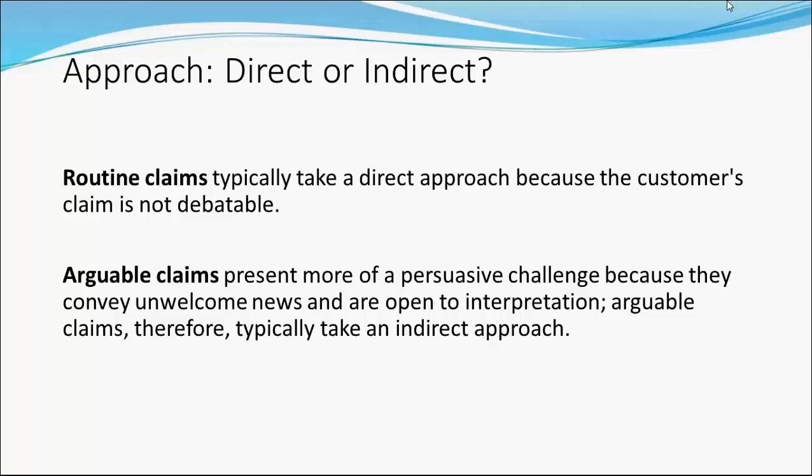The arguable claims present more of a persuasive challenge because they convey unwelcome news and are open to interpretation. Maybe the company does not agree with you, so you have to convince them that you are right. Arguable claims, therefore, typically take an indirect approach. They start with the details. We'll look at it now.